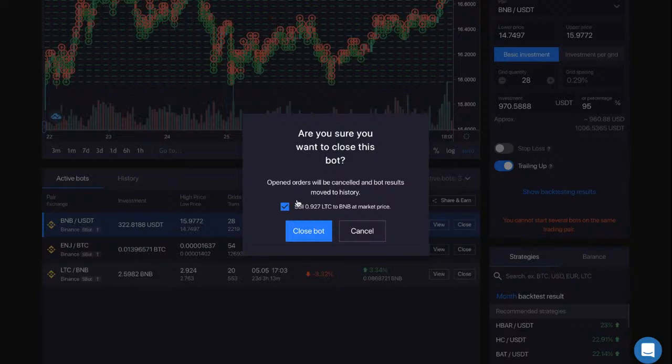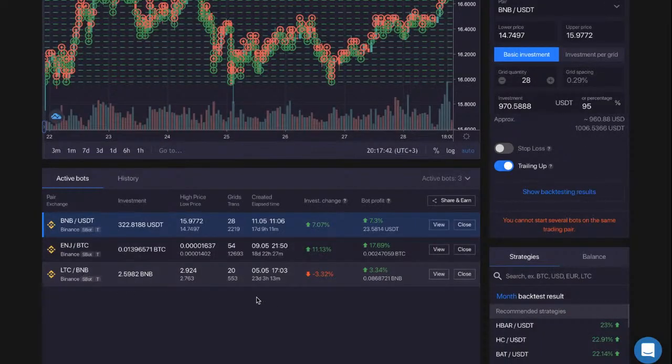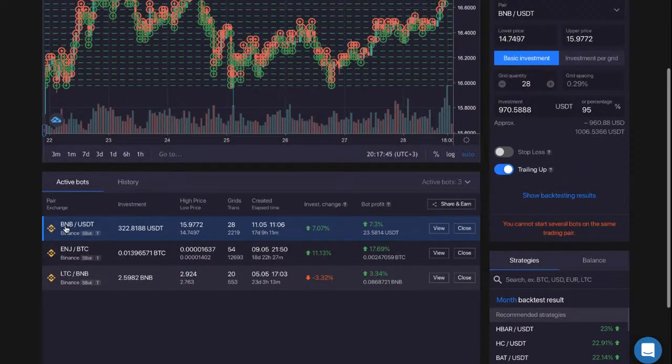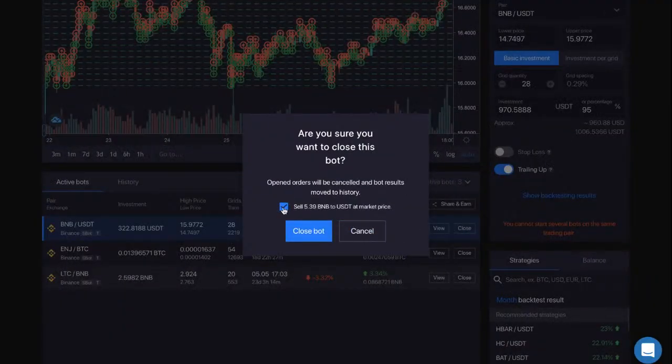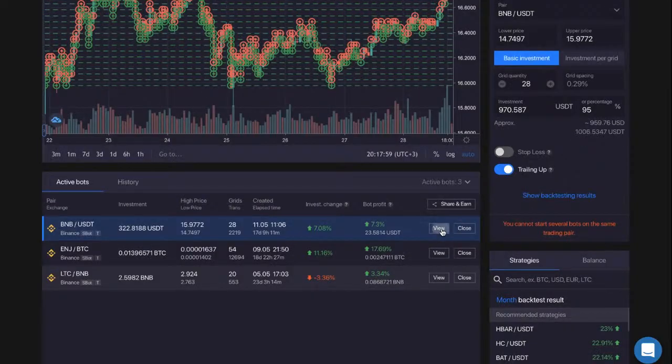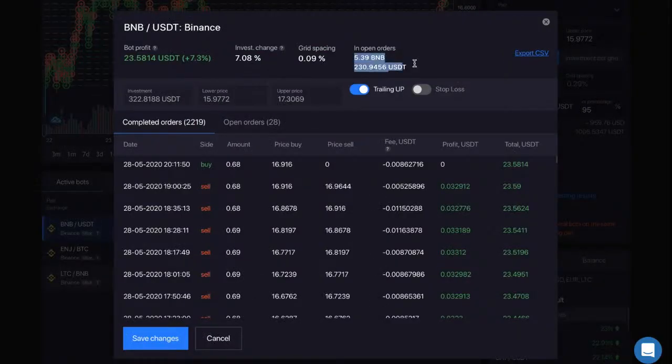So that's my 100% exit from the market. Actually, I'm not going to do this because I want to hold on to this trade, but just for the sake of the example, we have this option to entirely close the position into the quote currency. Let's say you were trading BNB to USDT. When you click on close and click on this box, once you click on close the bot, it will sell the amount of BNB that you currently have in this trading setup.